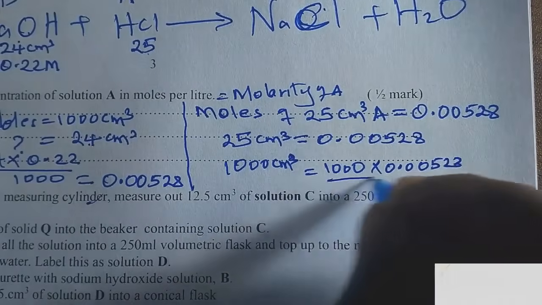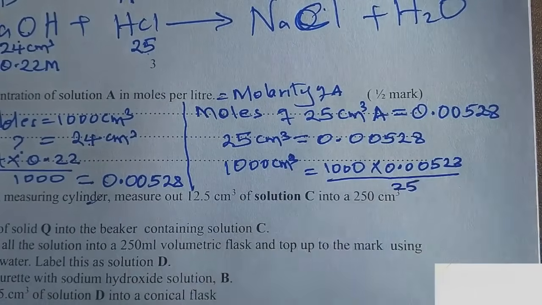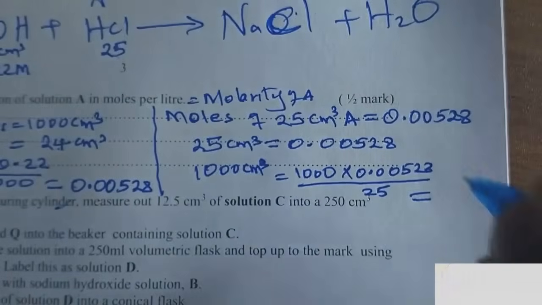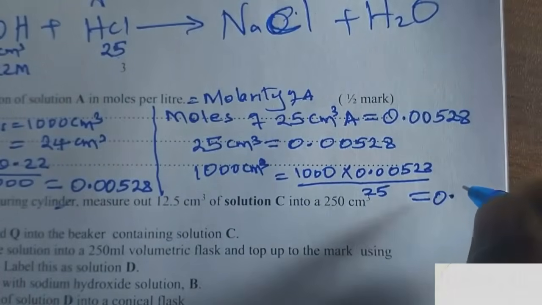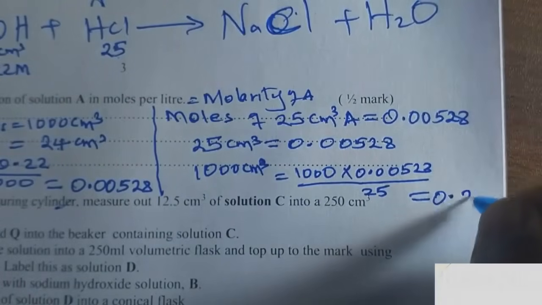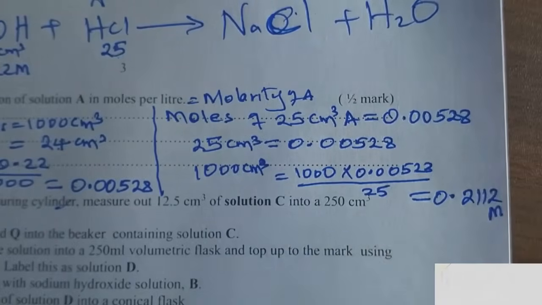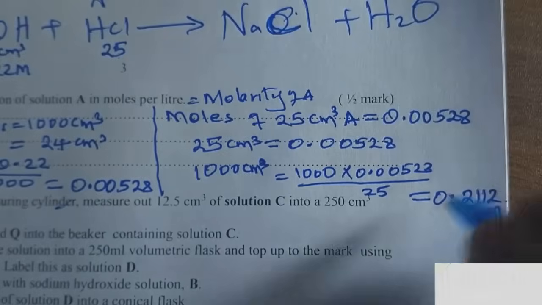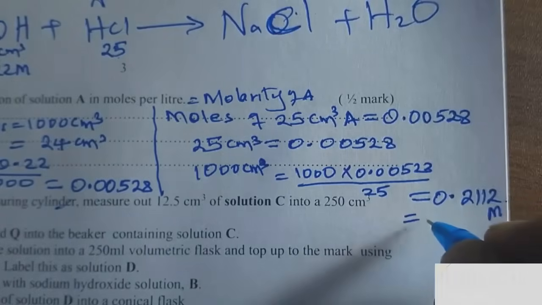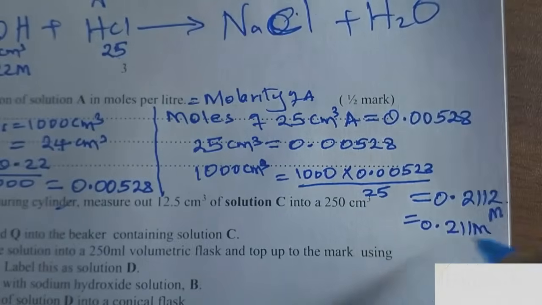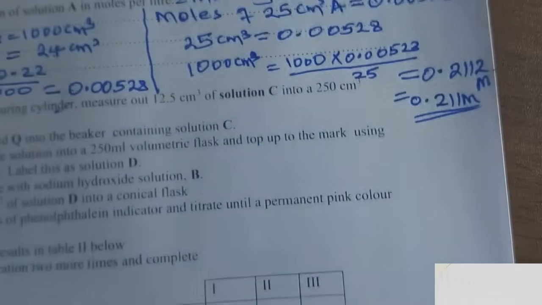You divide by 25. And the final answer gives you 0.2112 capital M. If the molarity is too long, you can give to 3 decimal places. It's always important to give to 3 decimal places. It's the same as 0.211 capital M.